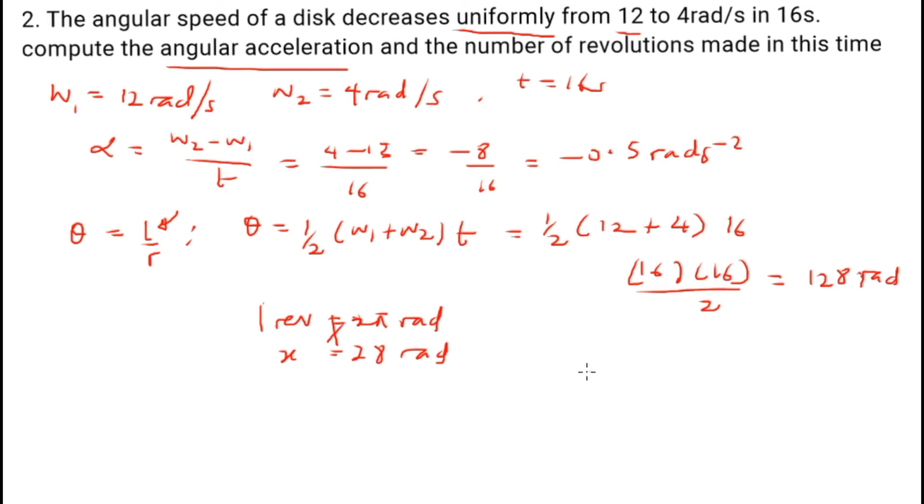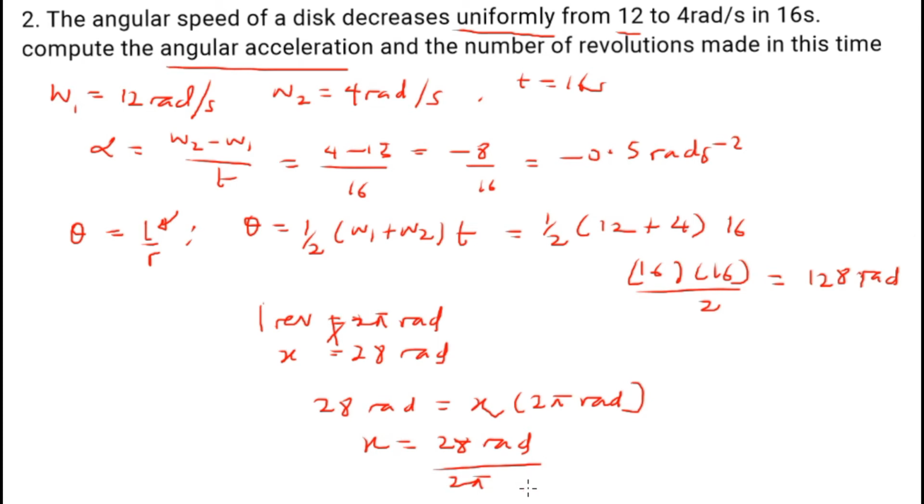If I cross multiply, I have 128 rad equals x into 2 pi rad. If I make x the subject of the formula, I will have 128 rad divided by 2 pi rad. So I just need to divide 128 by 2 pi, and that will give us the number of revolutions.